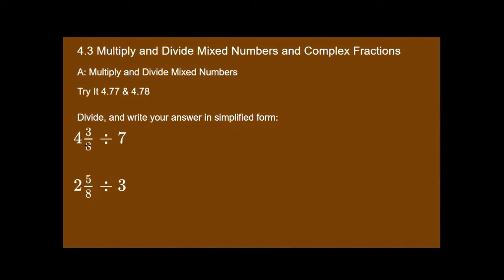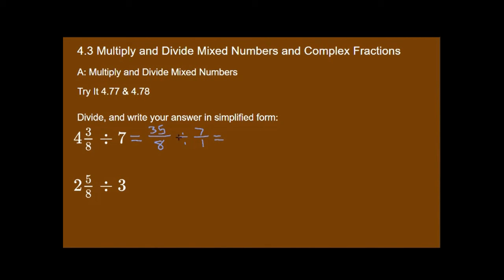So for the first one, we need to change 4 3/8 into an improper fraction. 8 times 4 is 32, plus 3 is 35, and we keep the same denominator, keep the 8, divided by 7 over 1.